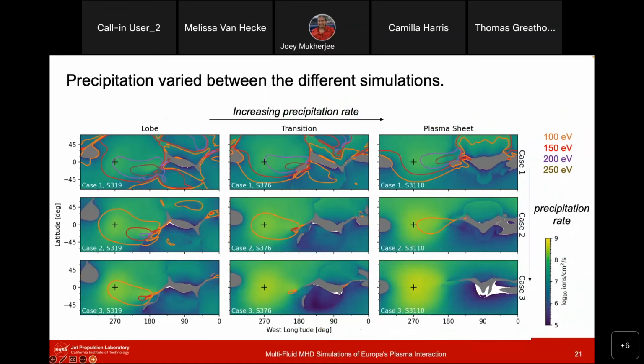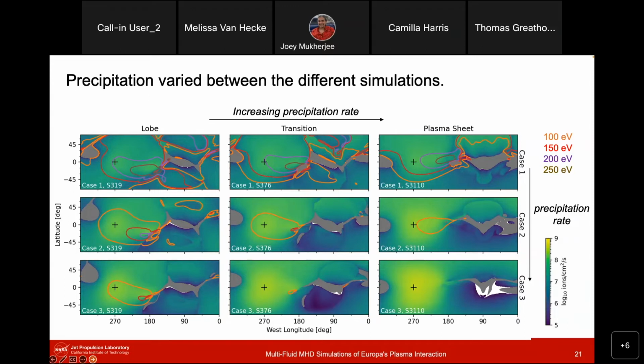I said that we're interested in precipitation onto Europa's surface, and so that's what we extracted from each of these nine different simulations in the parameter study. In each of these panels, what you're seeing is Europa's geographic longitude, and on the y-axis, you're seeing latitude. The color is showing the precipitation of plasma onto Europa's surface, from the magnetosphere onto Europa's surface.